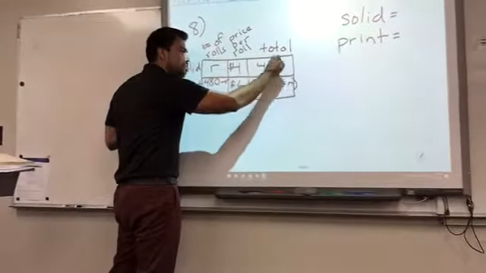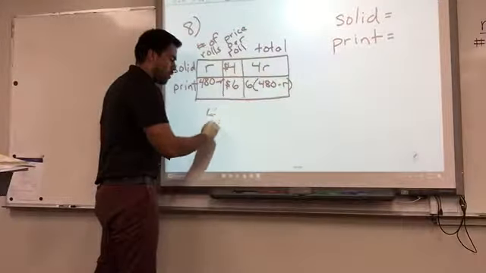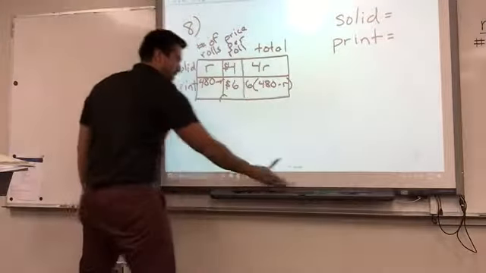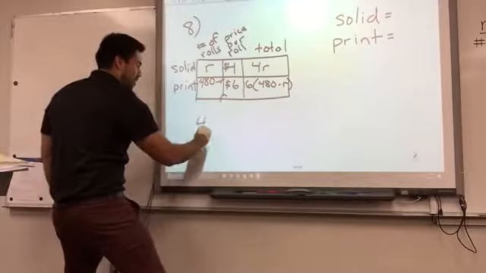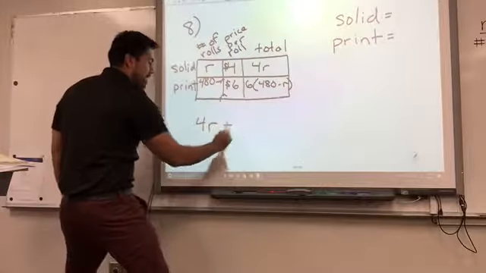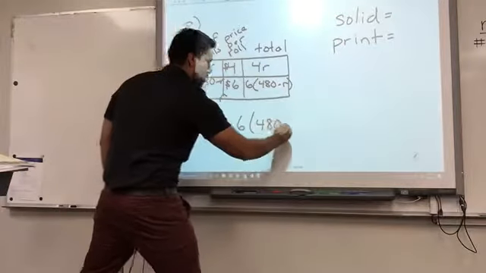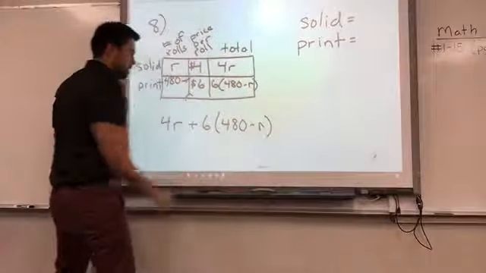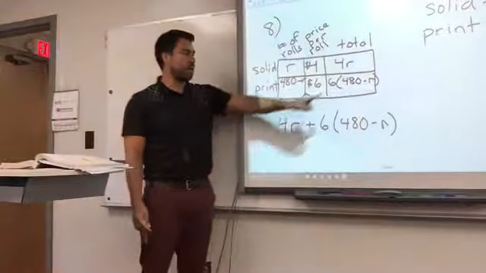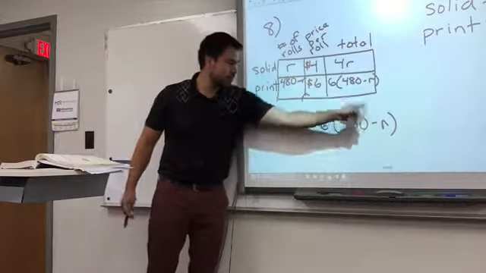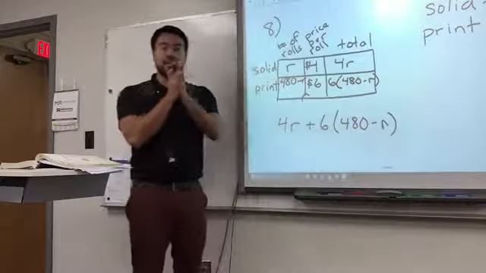You're going to take these two totals. You're going to take 4R, and you're going to add to that 6 times 480 minus R. Do you see where I got the 4R? Do you see where I got the 6 times 480 minus R? And you're adding them together.